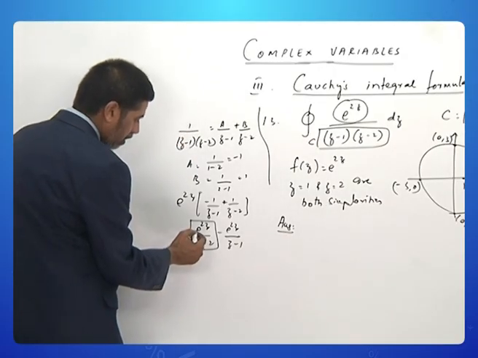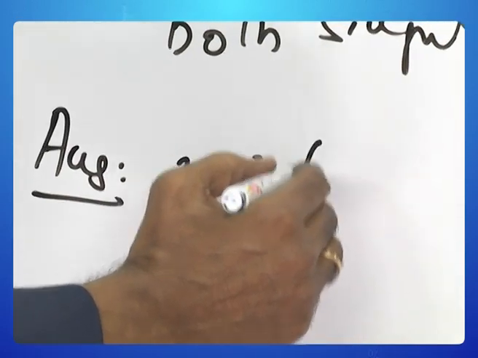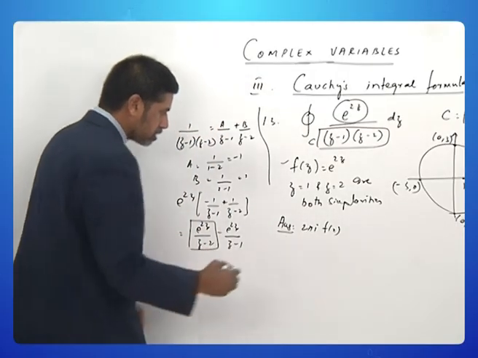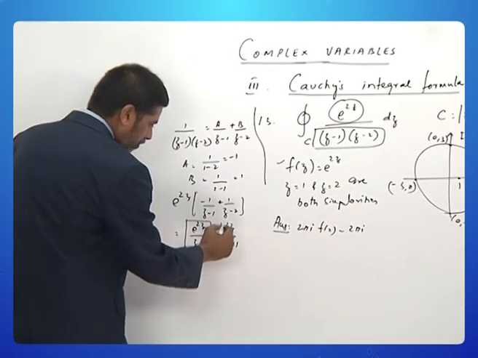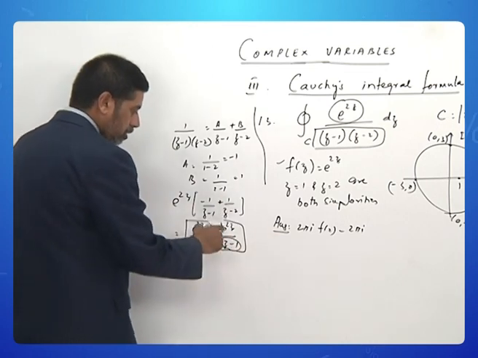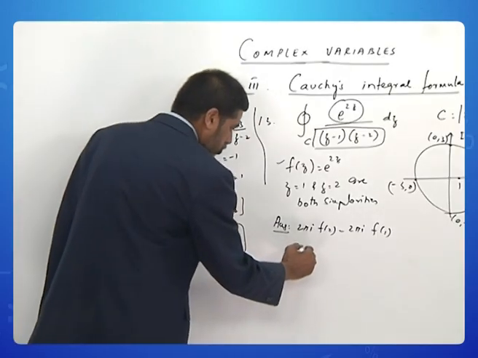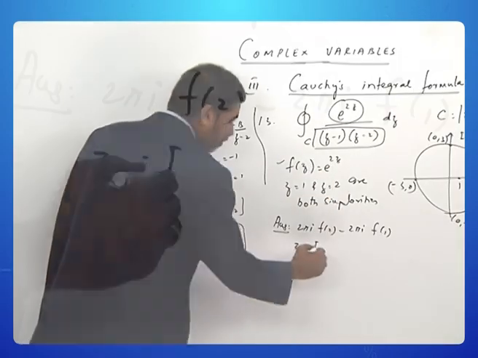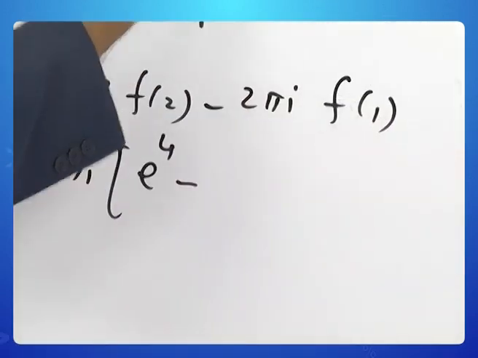Assuming this is f of z, the answer will be 2 pi i times f of 2, minus 2 pi i times, again for this part z is equal to 1 is the singularity which lies inside the contour. So therefore you will get 2 pi i times f of 1. So this is 2 pi i into, if f of z is e power 2z, f of 2 will be e power 4 minus f of 1 will be e square.